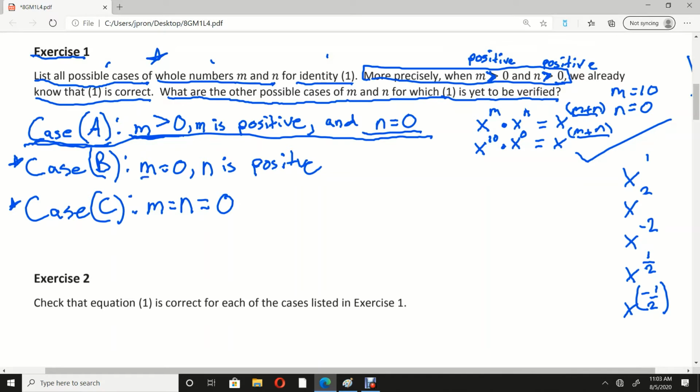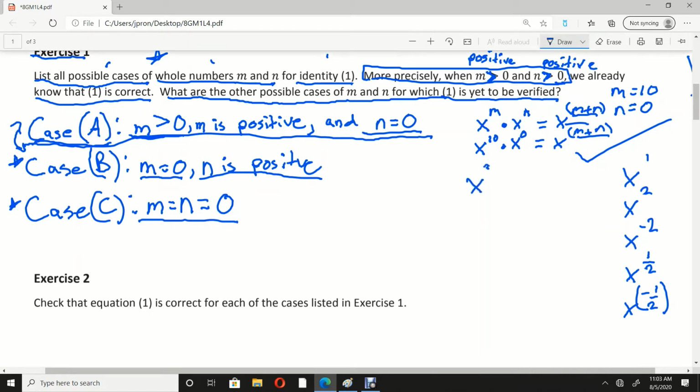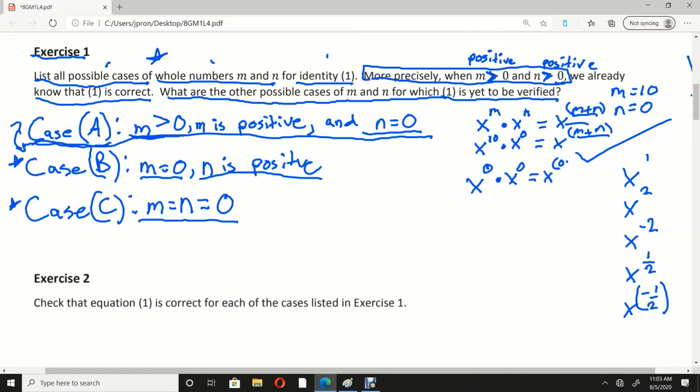Case B, if m is 0 now, so this is just the flip of case A. This time m is 0 and n is positive. Again, it doesn't matter what m and n are. This is true even if m and n equal 0. So x to the 0 times x to the 0 still equals x to the 0 plus 0. It's still x to the 0, which is 1.